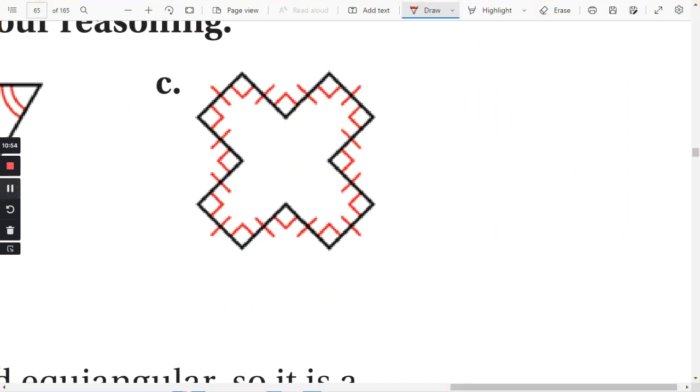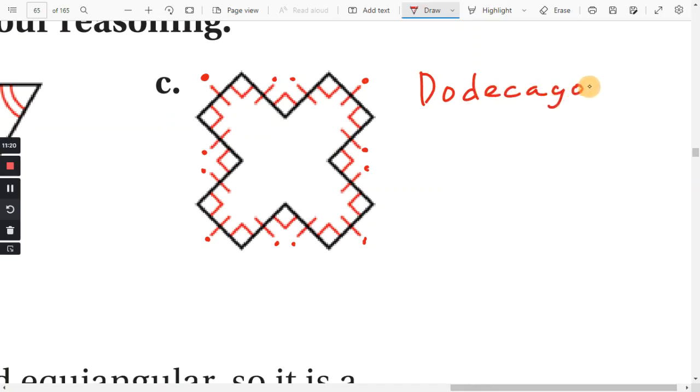Okay, please try part C. That's a tough one. All right, counting the sides, I see 1, 2, 3, 4, 5, 6, 7, 8, 9, 10, 11, 12. That is actually a dodecagon. Now, all the sides are marked with the 1 tick mark.